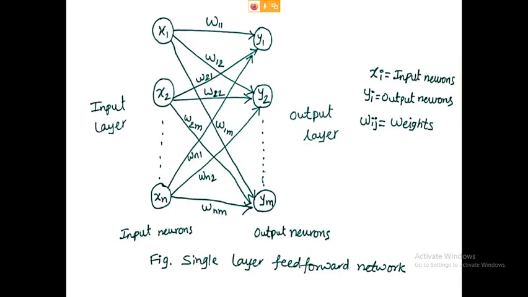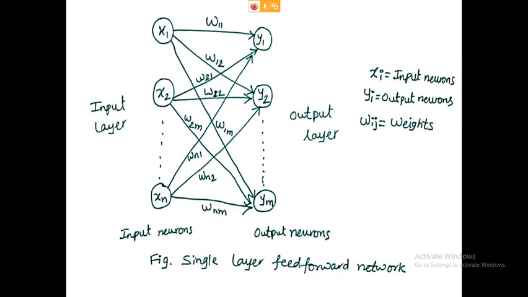See the architecture of that single layer feed forward network. It looks like this. Here x1, x2 and so on xn on the left side are the input neurons, which are in the input layer, and on the right side y1, y2 and so on ym are the output layer.